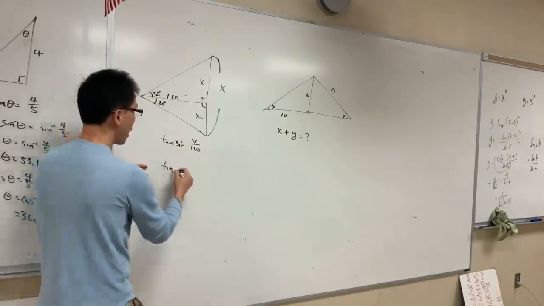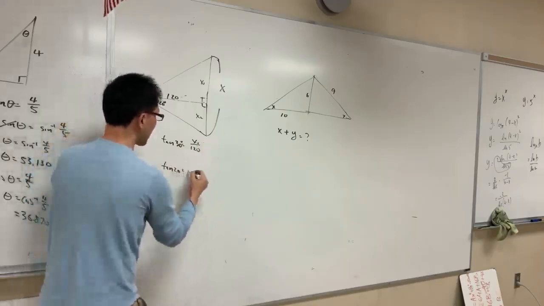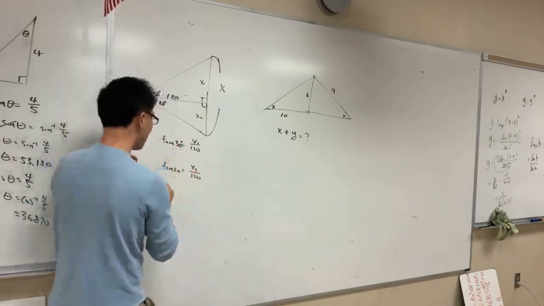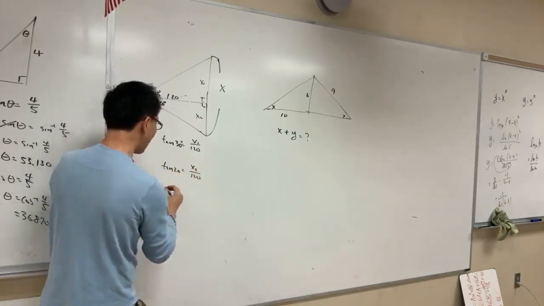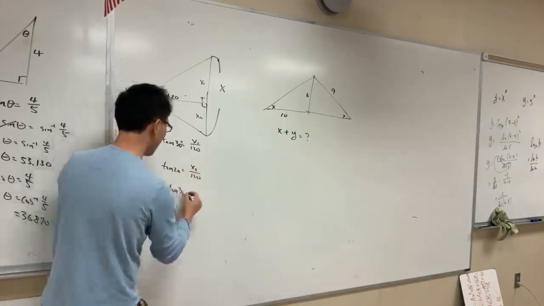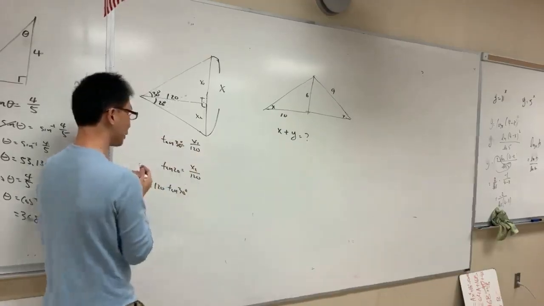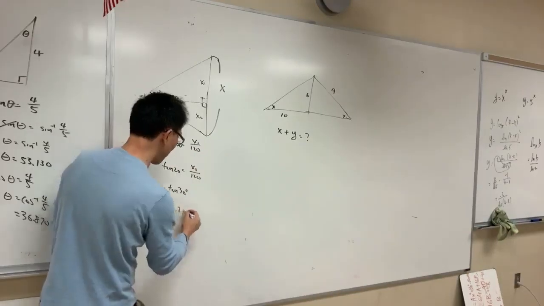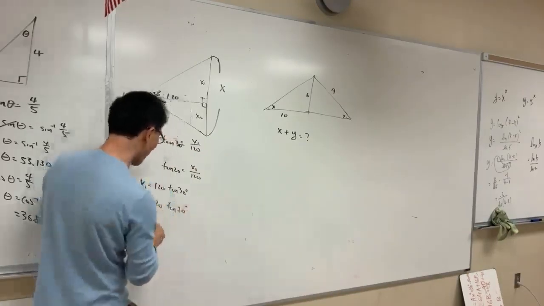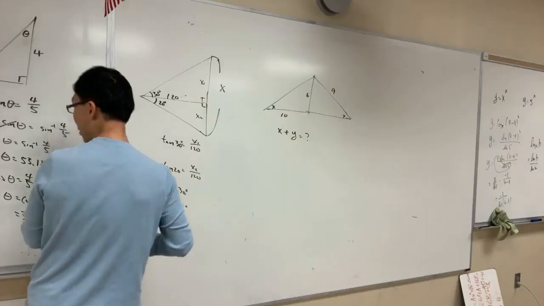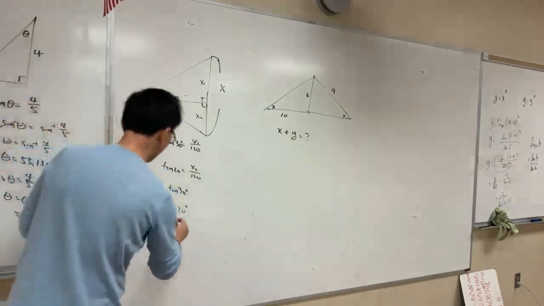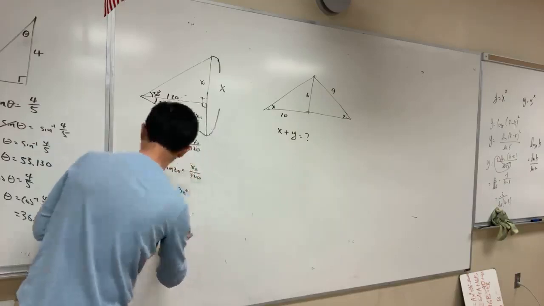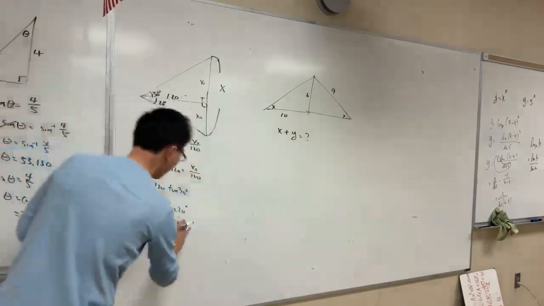And the tangent of 20 is equal to x2 over 120. So x1 is equal to 120 tangent of 30, if I multiply both sides by 120. x2 is equal to 120 tangent of 20. So I can add x1 plus x2. The answer is going to give me 112.958.